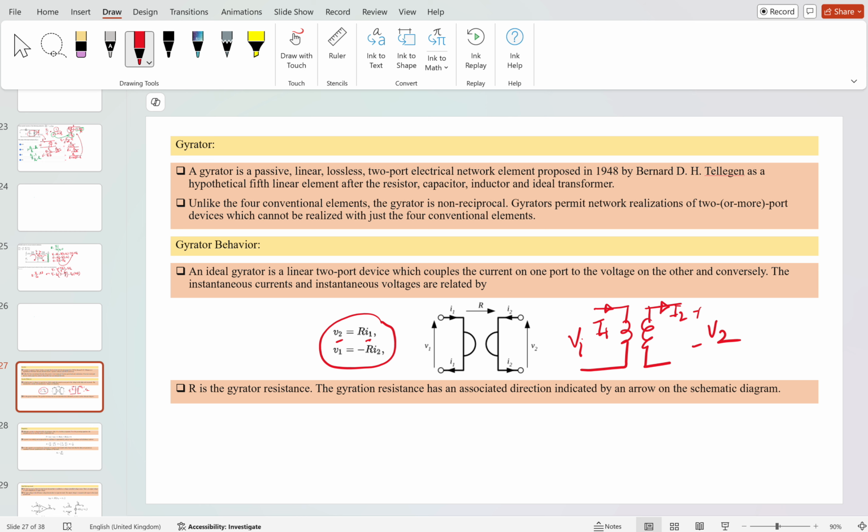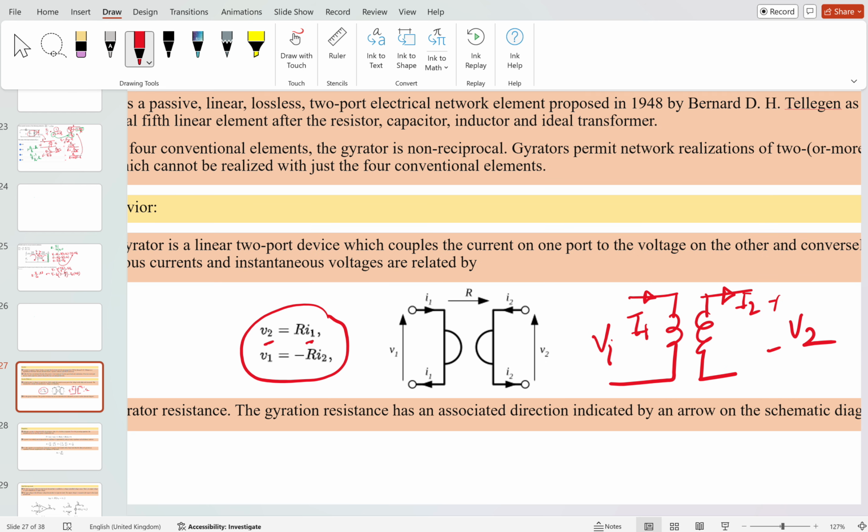You can read how the discovery was made, who invented it, and why it is important. The important part is that the output voltage can be represented in terms of the input current through this gyration resistance, and the input voltage in terms of the output current. When representing output voltage, it is simply R; when representing input voltage, it is minus R.